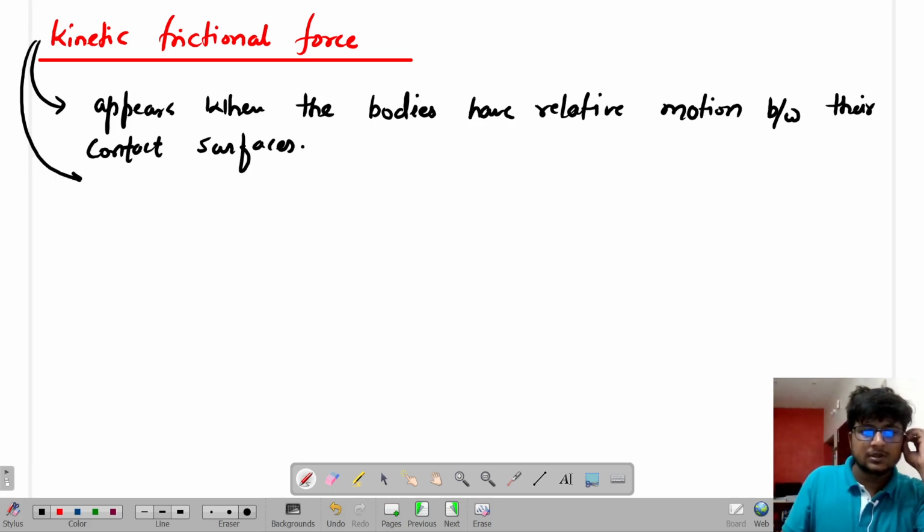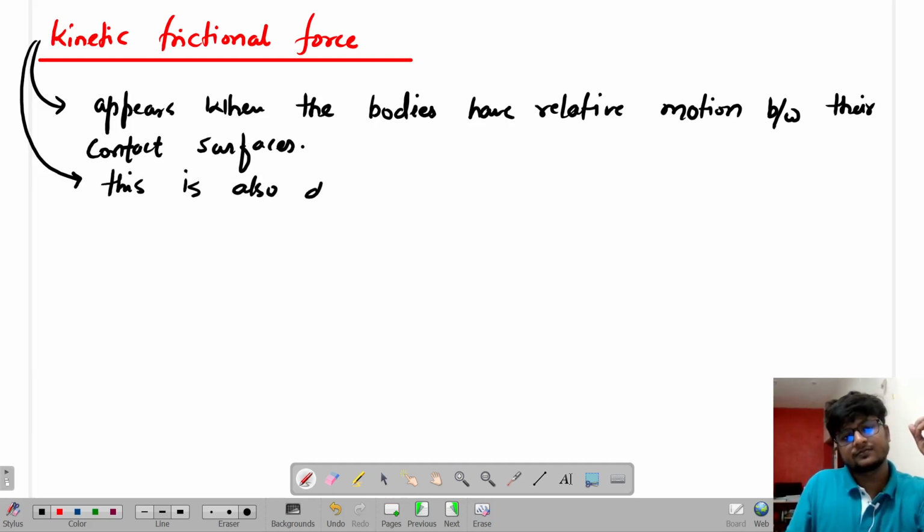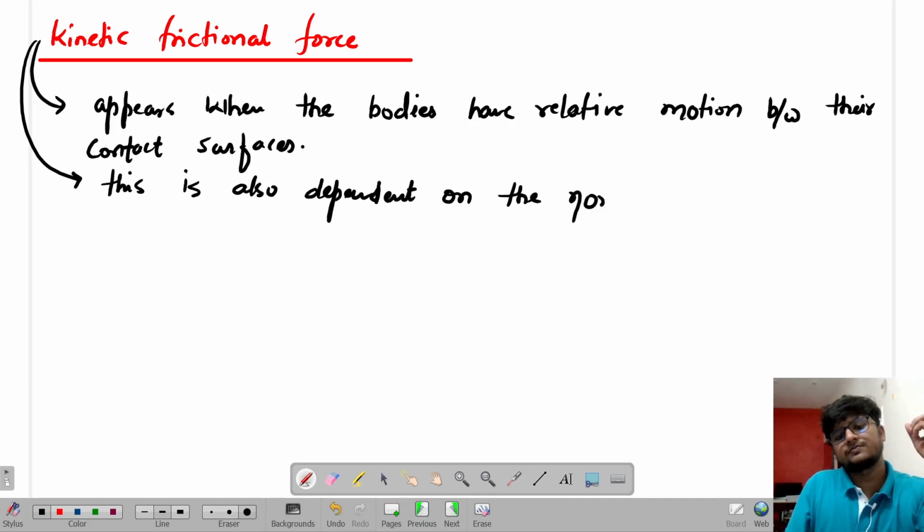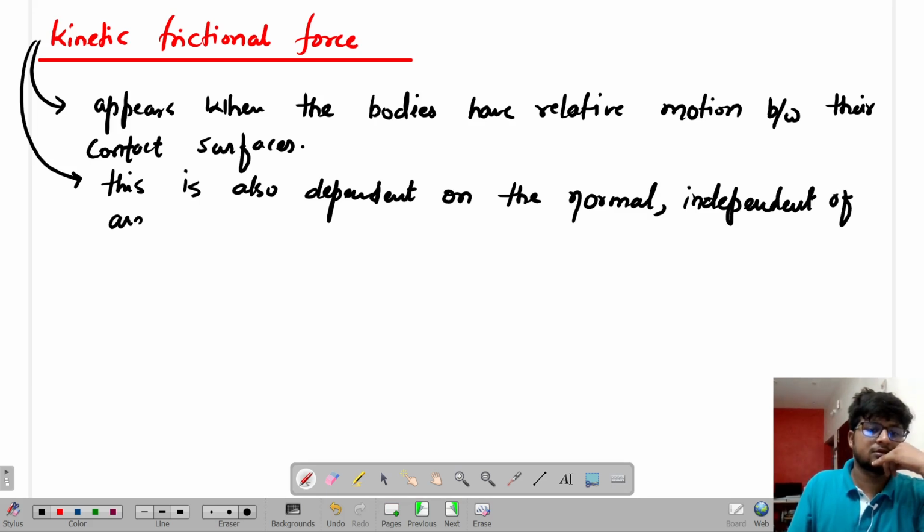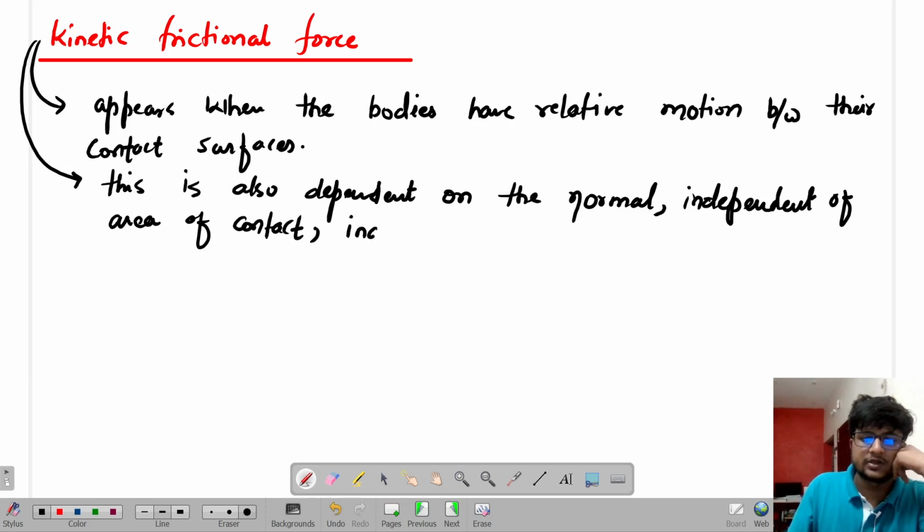Again, this is also dependent on the normal, independent of area of contact, and independent of, basically you can say, even velocities between the surfaces.